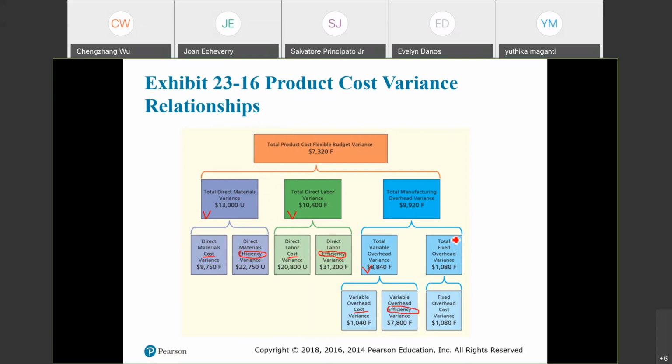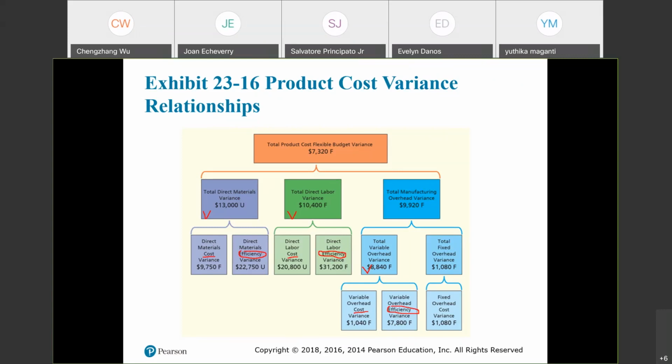For the last part, the fixed overhead variance, because it is fixed, let's look at only the cost variance. Here, as previously stated, this variance is not a flexible budget variance, but in addition to the cost variance, we still have the volume variance.